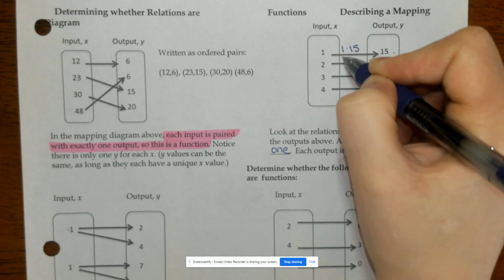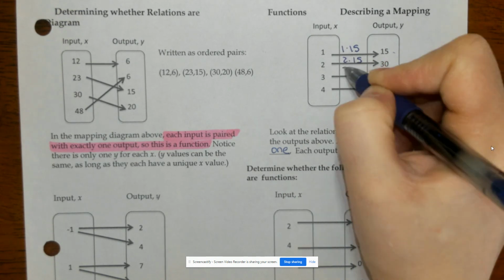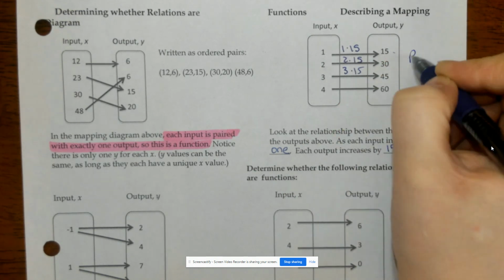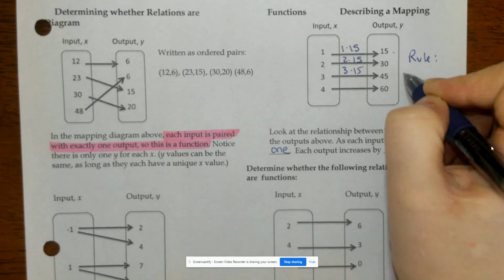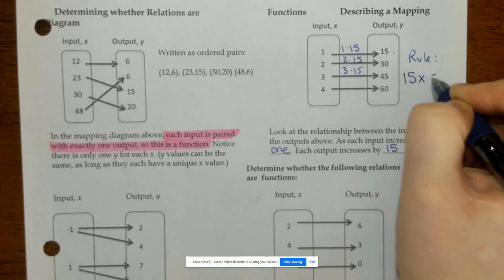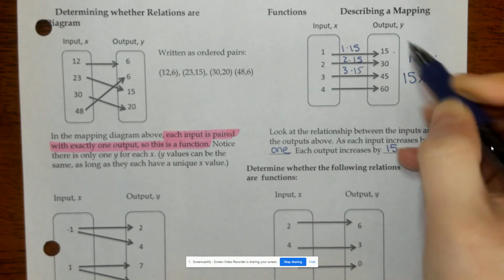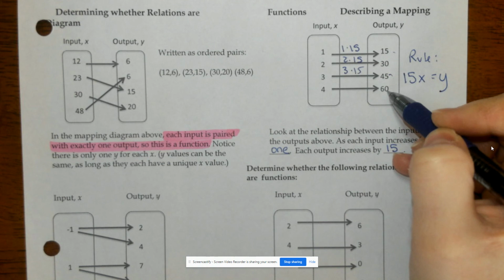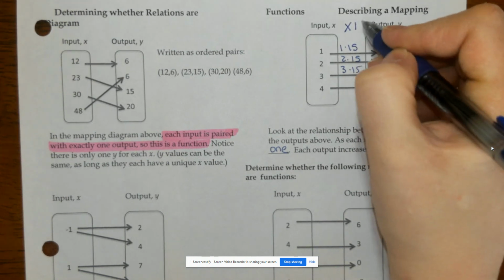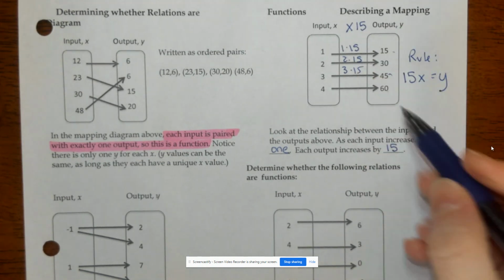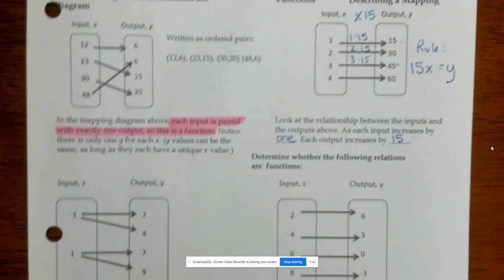Oh, I got 15. 2 times 15. Yep, I got 30. 3 times 15. So this one, the rule, very easy, is just 15 times x equals y. I didn't have to add or subtract anything because the plus 15, plus 15, plus 15 told me my pattern would be a multiplier of 15, and it turned out that that worked all by itself.